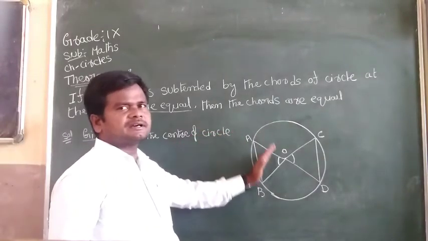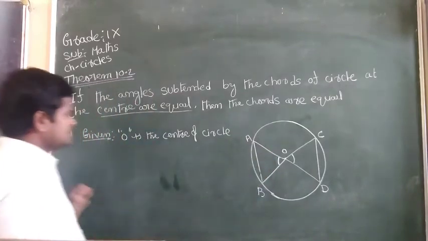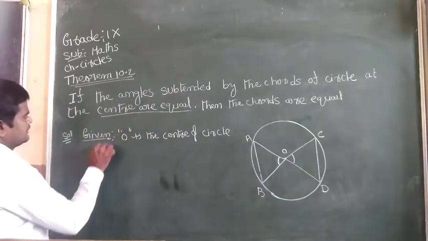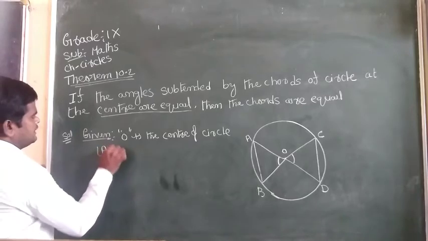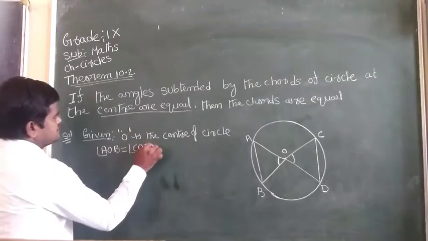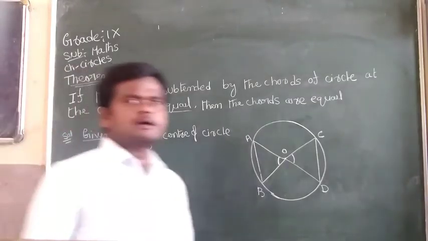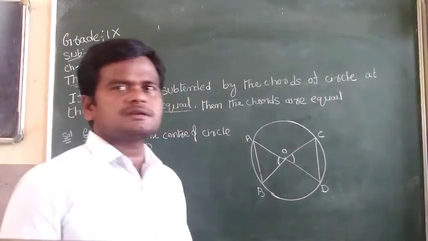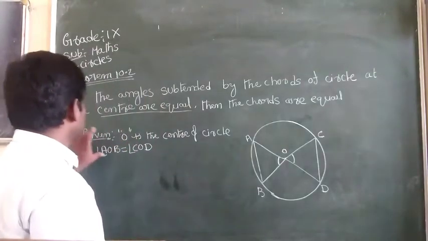The angles subtended at the center are equal. That is, angle AOB equals angle COD. This is the given.